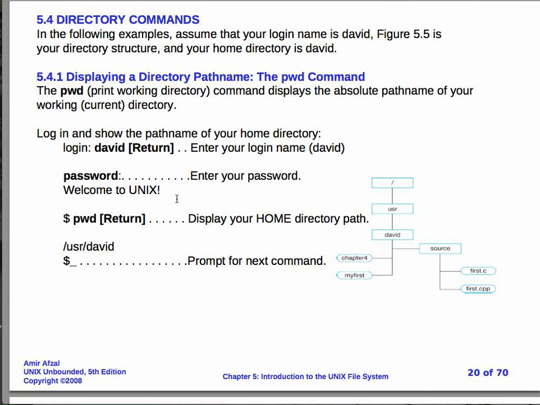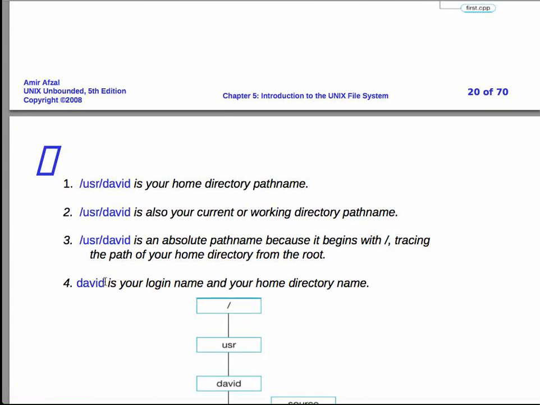Okay, so let's say you log in, and as soon as you log in, you type in pwd, and what that will give you is your home directory. So pwd, right when you log in, will say something like, on the live CD, /home/uwrf. Okay, and then you get the shell prompt.